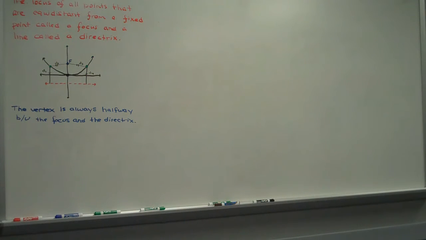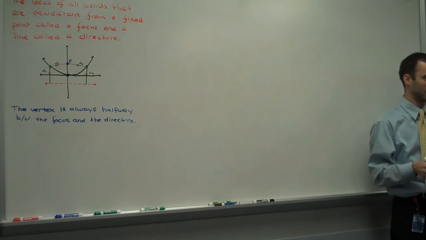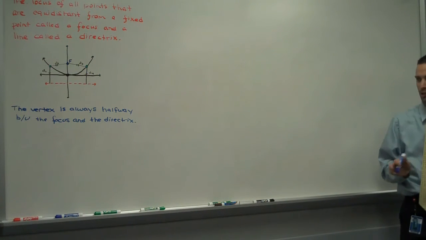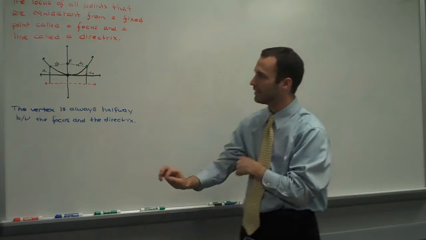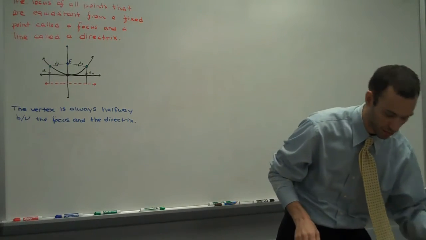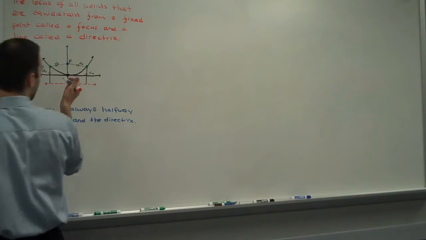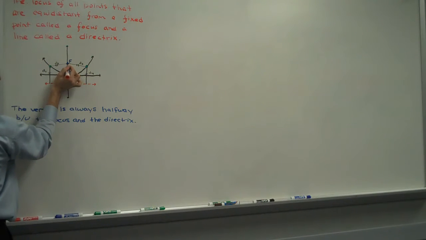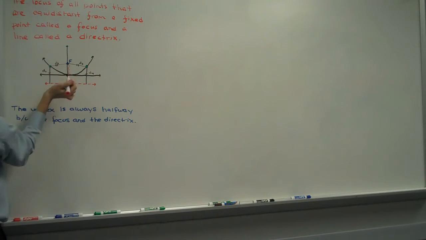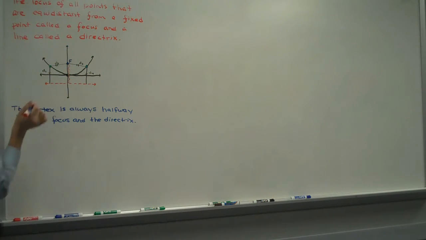Now, there's a couple more things I need to tell you before we look at what the actual function is in terms of a formula, because it's not just your regular y equals x squared. It's similar to it, but it's not just that. Ideally I would like to have another color. Let's do orange. This distance from the focus to the vertex, and likewise from the vertex down to the directrix, what we just said in blue has to be the same.